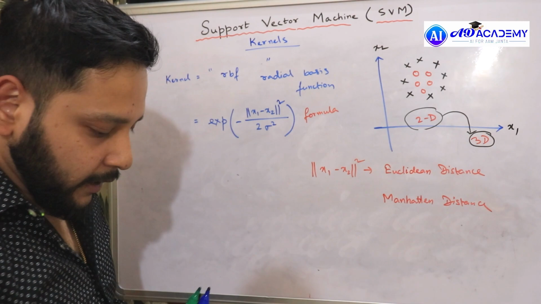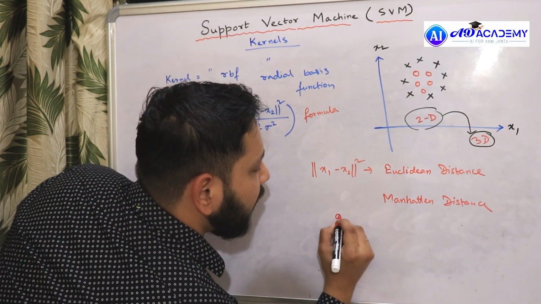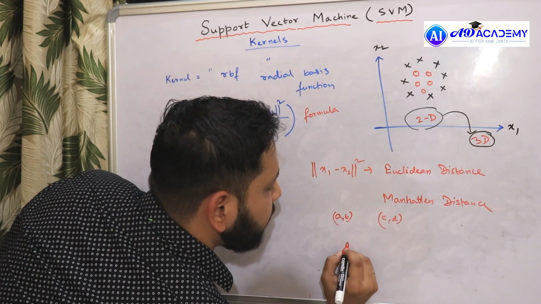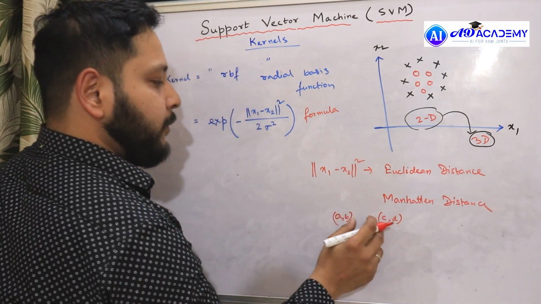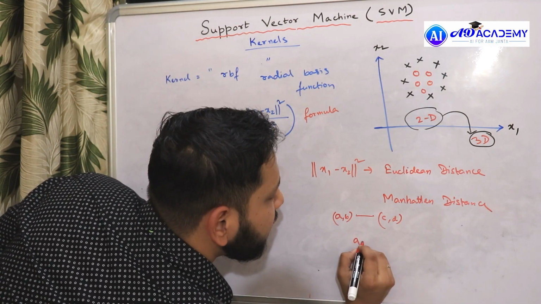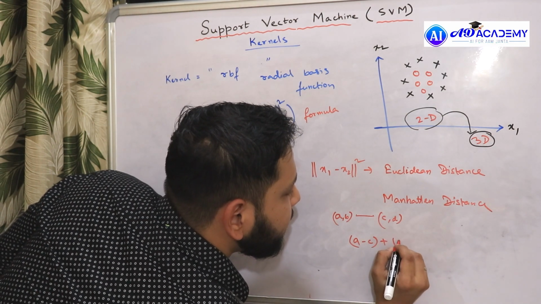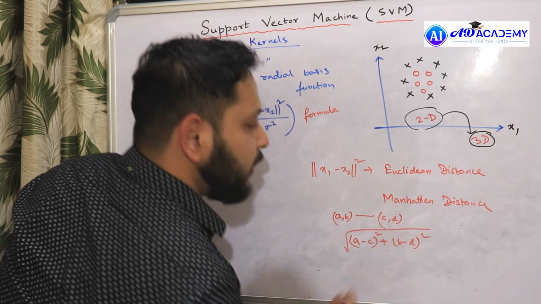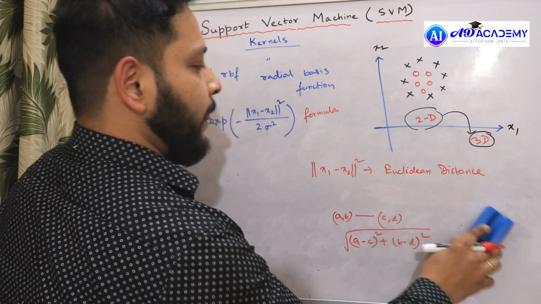When we consider the square of the value, suppose there is one point A comma B, and another point C comma D. If we take the difference of these 2 points in terms of Euclidean, it is like (A minus C) squared plus (B minus D) squared.